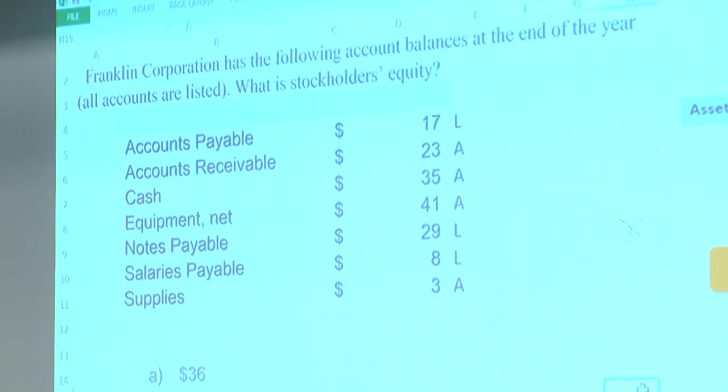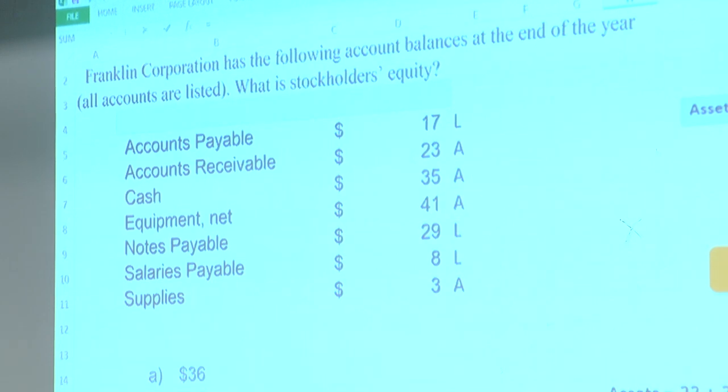So total assets equals, I'll just write it down now. The 23 from the second one, and then 35, which is cash, 41 equipment, plus the last one, 3.